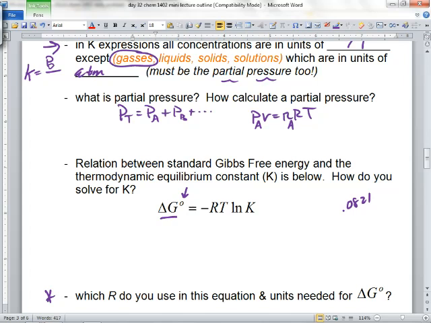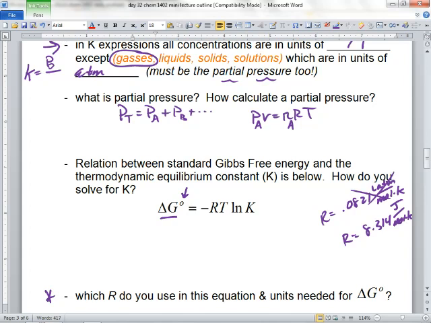If you did, it was liter atmosphere over mole Kelvin. Those units will not work. You have to use the R that has joules in it, which was 8.314. I give that to you. You just have to make sure you pick the right one. 8.314 joules per mole Kelvin.